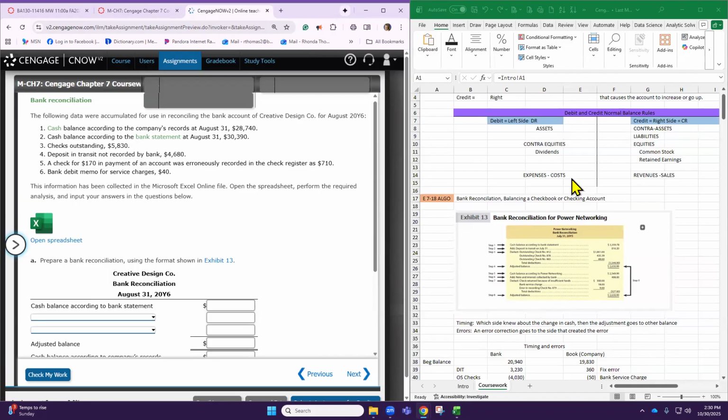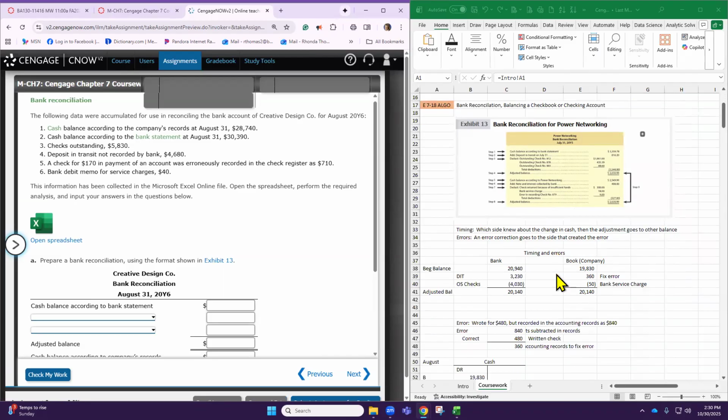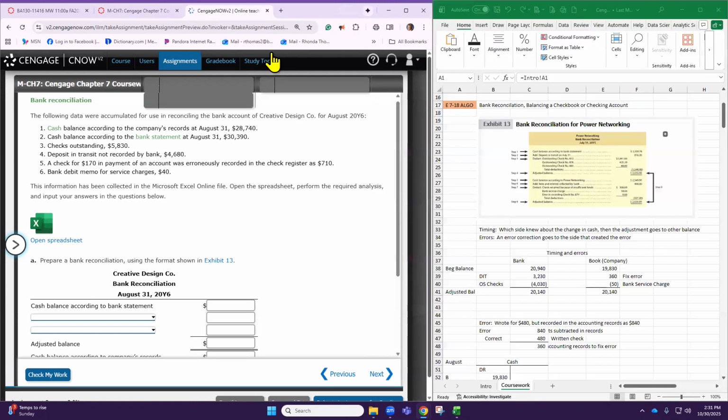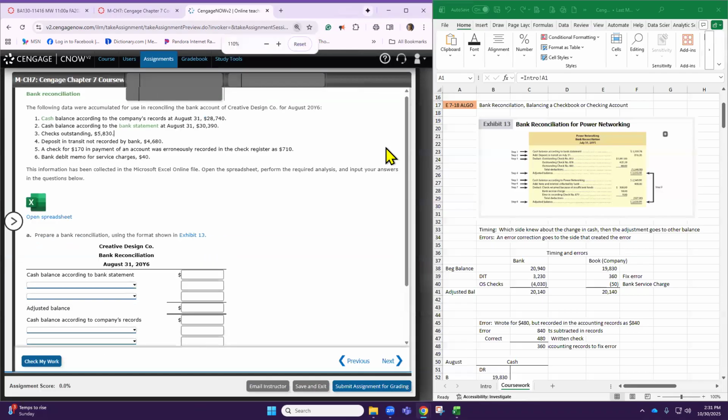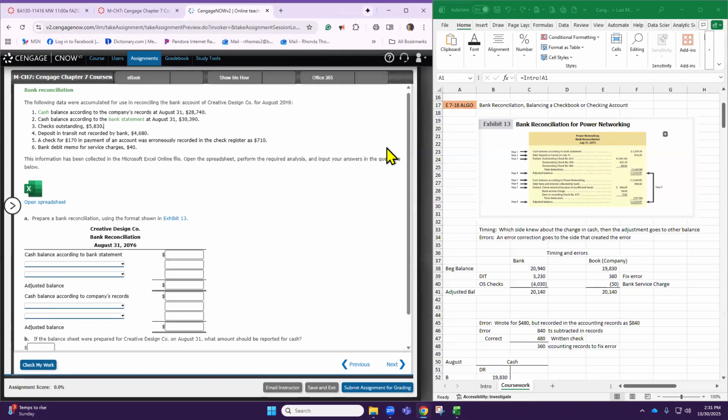All right. So the reason that there are differences is because of timing and errors. Okay, timing and errors.